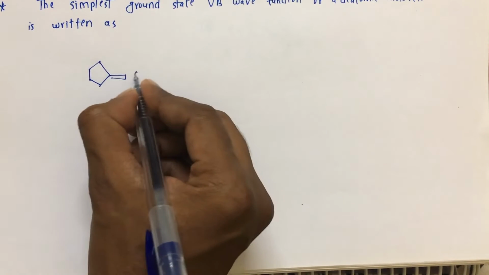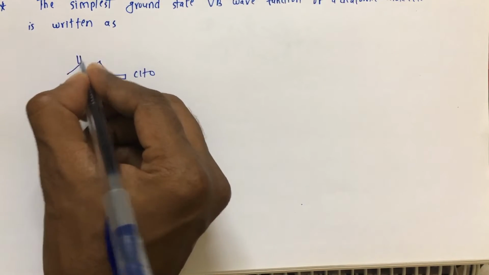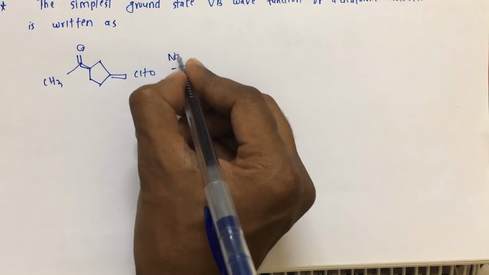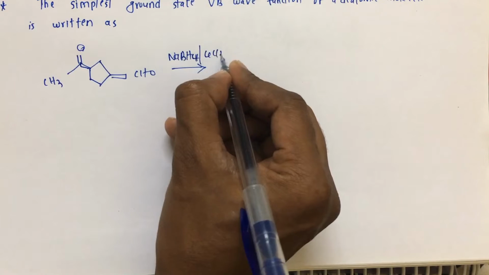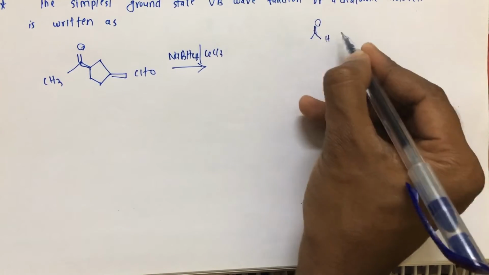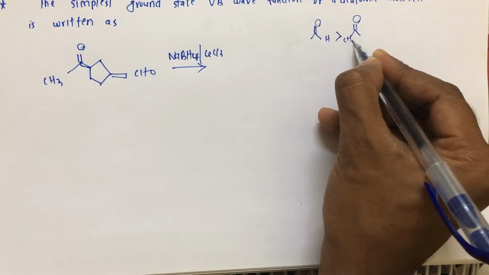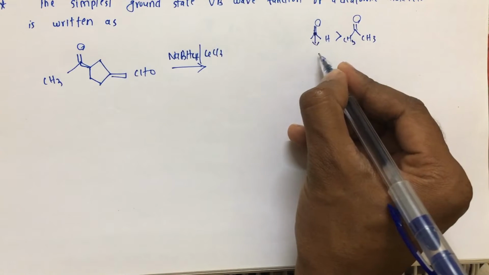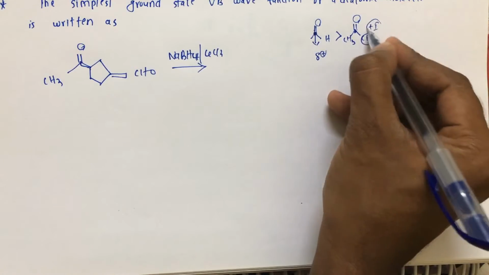So this is the reactant, with sodium borohydride in the presence of cerium chloride. As we know, an aldehyde is more reactive compared to a ketone, because the carbonyl carbon is more electron deficient compared to this one, due to the plus I effect of the methyl group.